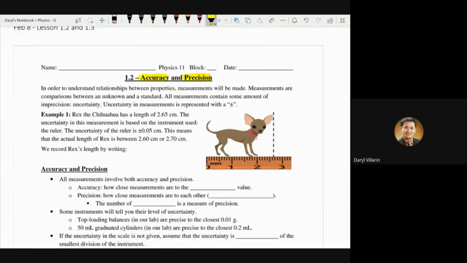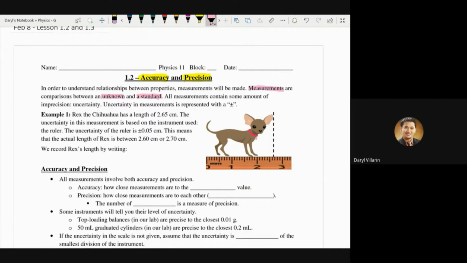Usually when you do experiments in science, you do certain measurements, and measurements are comparisons between a known and a particular standard. So usually you use a standard to make a comparison to particular quantities.